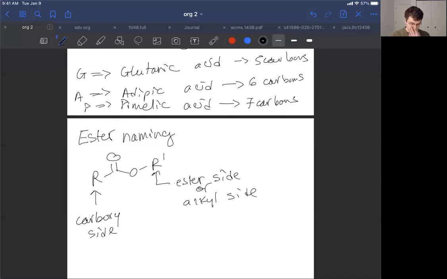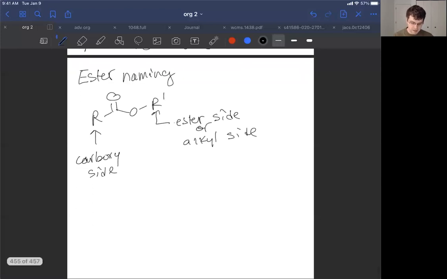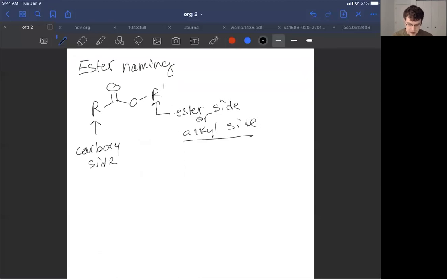Now these both could be alkyl groups, they both could be methyl groups, but that methyl group on the left is inherently baked into a carboxylic acid. And so how we name this is we say alkyl, space. I'm just going to write space. I'm not going to have a line there. Space. And then we're going to name the carboxylate.